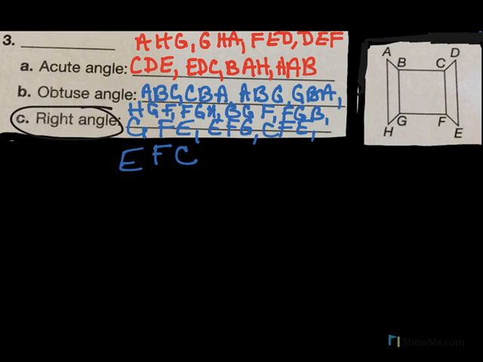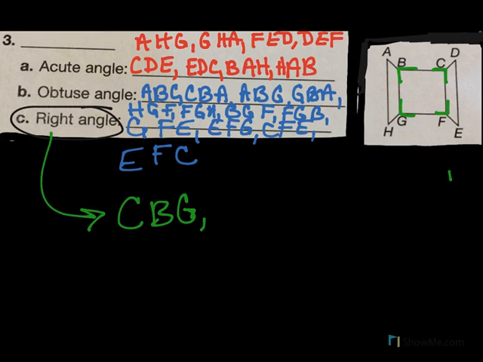Okay, finally, let's look for some right angles. How many do you see? I see 4 angles CBG.